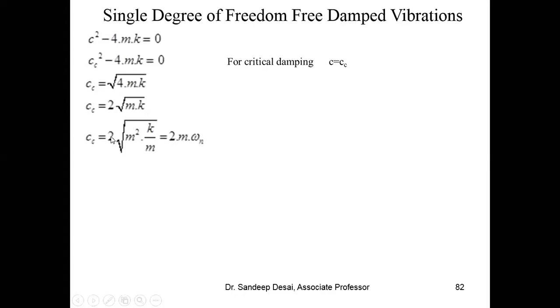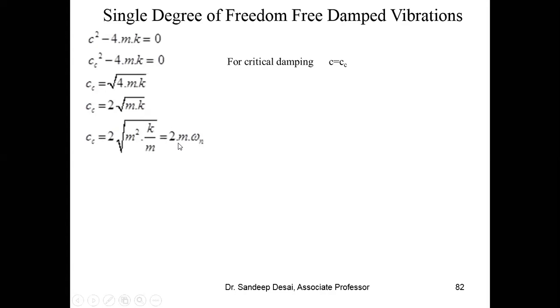So Cc is equal to 2 into m, and under root k by m is omega n. You should be very familiar with this now. Omega n, the natural frequency of undamped vibrations, is equal to under root k by m. So under root k by m is omega n, m square when it comes out is m, and 2. So Cc is equal to 2m omega n.